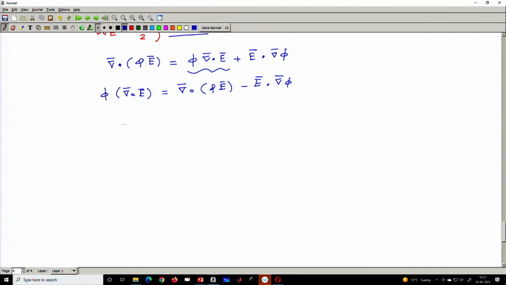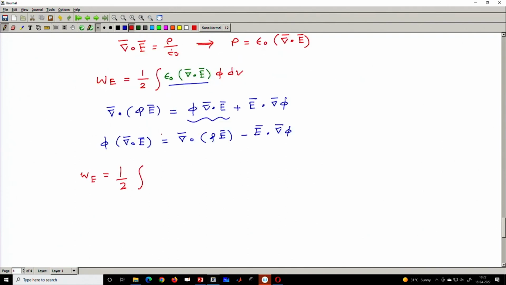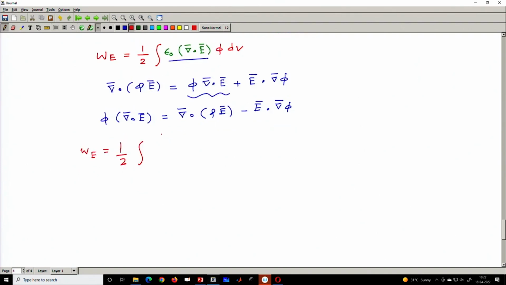That thing I replace, then I will simply have half integration, then epsilon 0, and in the bracket I should have this entire quantity whatever is written here.